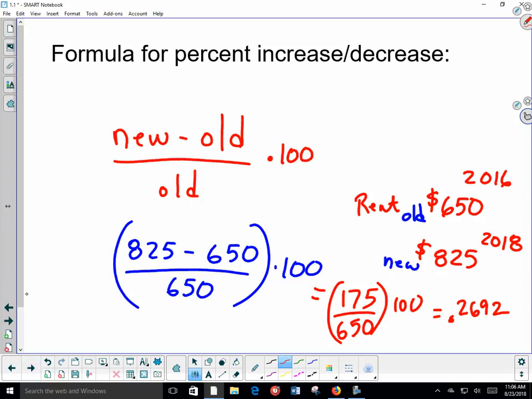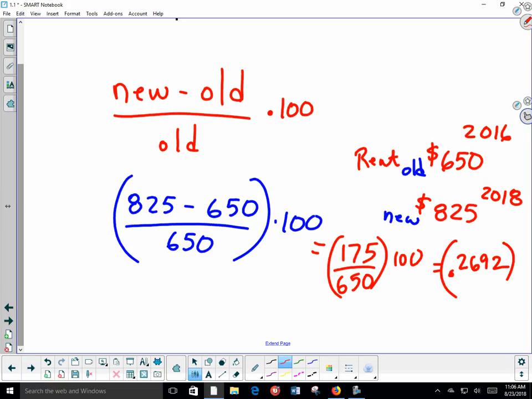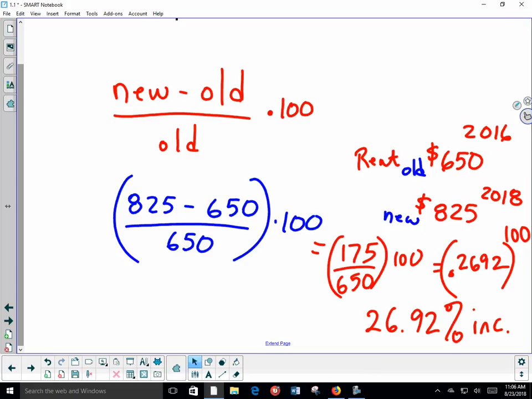And then if I multiply that by 100, I'm going to get that this was a 26.92% increase. Now, if the rent had gone down instead of up, for example, then when you do new minus old, you're going to get a negative number. And so that would indicate a percent decrease if you get a negative number.